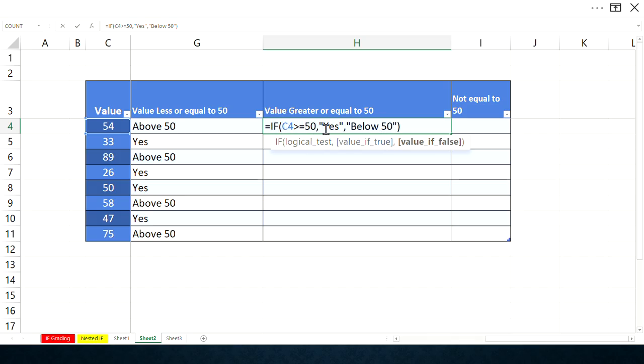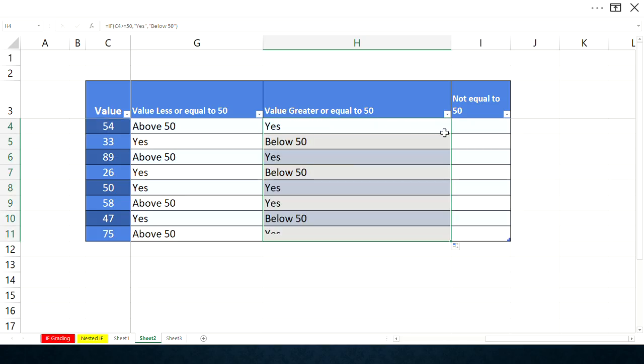So here also, the condition is greater or equal to 50, and then it's a yes, while otherwise it is below 50, and a needful happens, which happens to be the opposite of what we have done before.